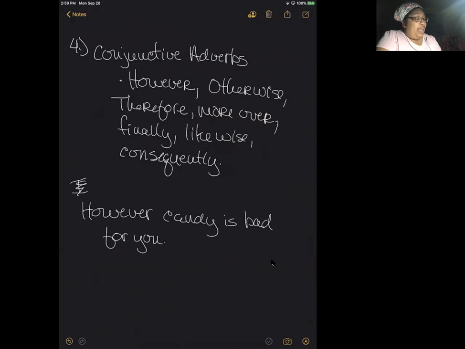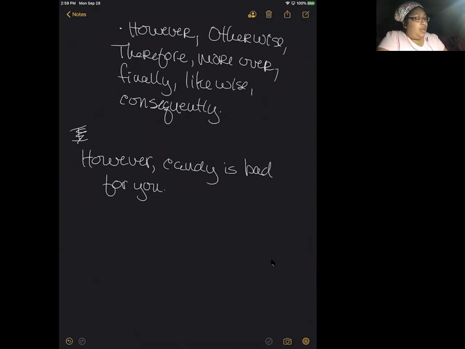So you say, "However, candy is bad for you," and you put a comma right here after however, because it's one of those conjunctive adverbs, special words with their own little privilege. So comma, right there. But if it's in the middle of a sentence, you're going to use a semicolon.